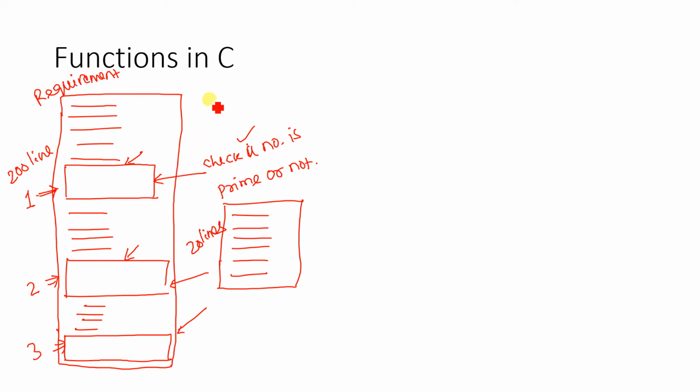But functions in C say that rather than writing or repeating the code at several places of your program, why don't we write these 20 lines of code in a separate area, a separate code? We'll make it a separate code, and that code is actually called a function. Wherever we need these 20 lines to execute, we should call this function.